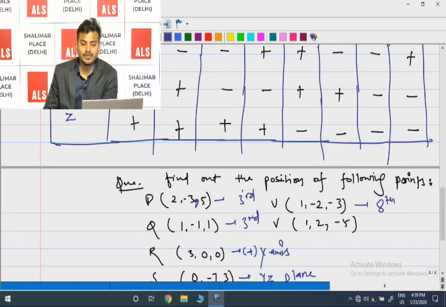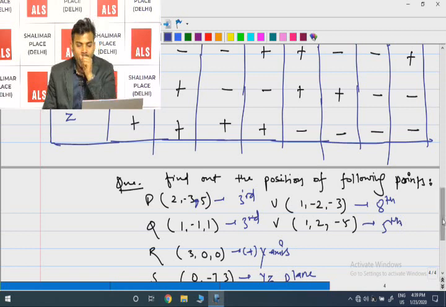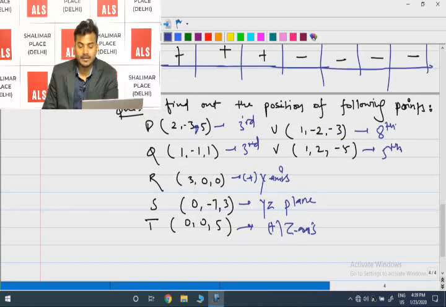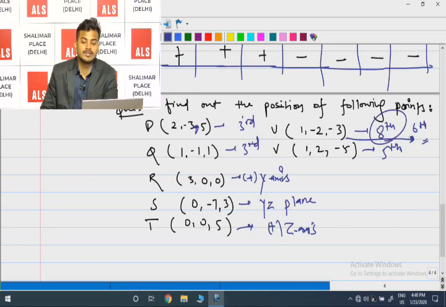So this is nothing but your fifth. You please check, Rahul, because you were saying, sir, it is 6th, but we are getting the correct answer is 8th. Please check it. And the rest of your answers are correct.